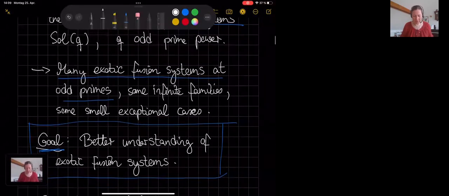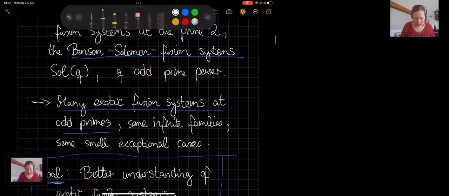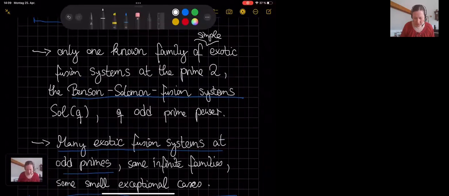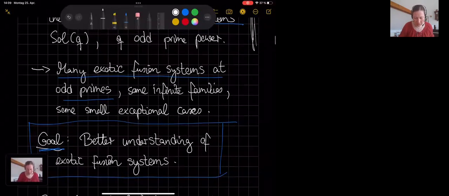For example, the first question would be how many simple exotic fusion systems there are. For p equals 2, it's actually conjectured that this is the only family of exotic fusion systems at the prime 2. And for odd primes, I guess we don't have such a good idea what we are hoping to prove. But in any case, it would be interesting to see what kind of exotic fusion systems we can get there.